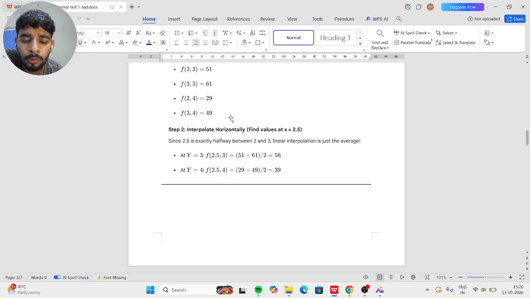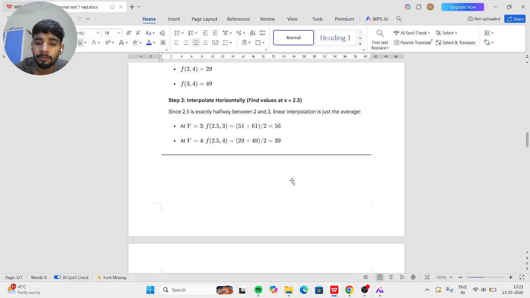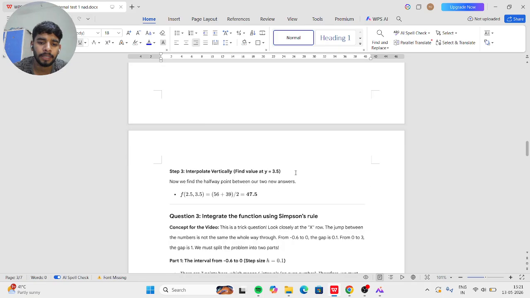Now for f(2.5, 4), we will do the same. We will take the value of f(2,4), which is 29, and f(3,4), which is 49, and then divide the sum by 2, so we will get 39.